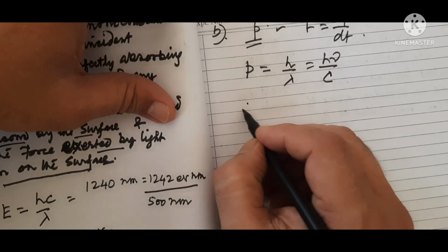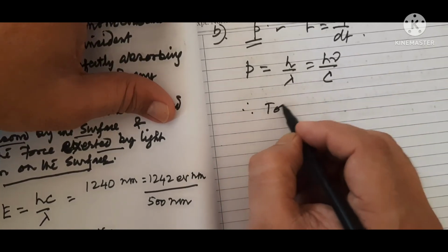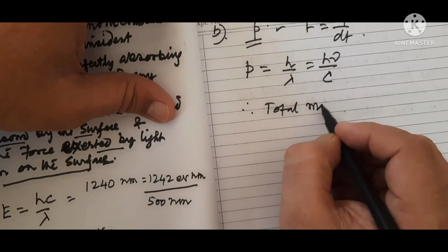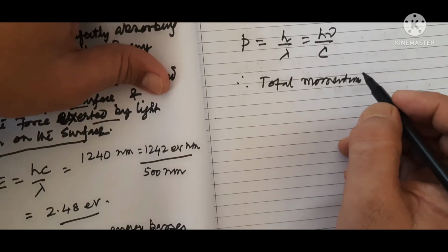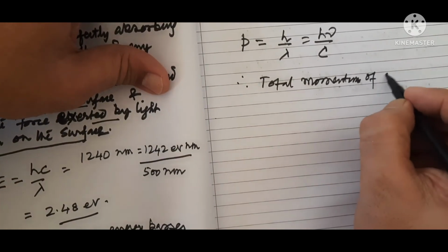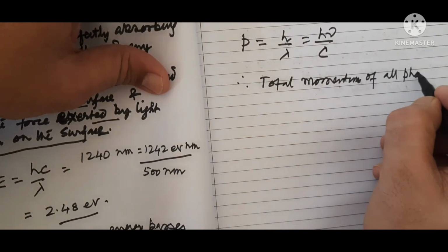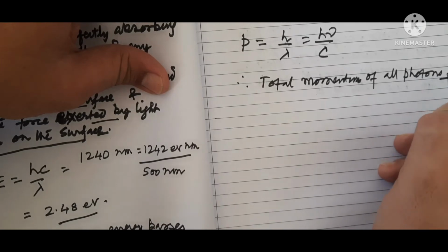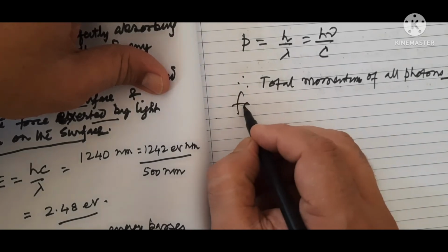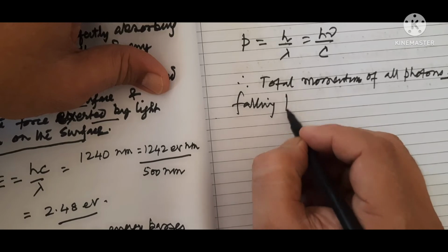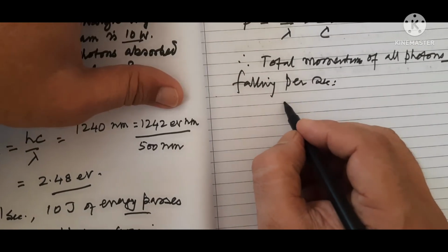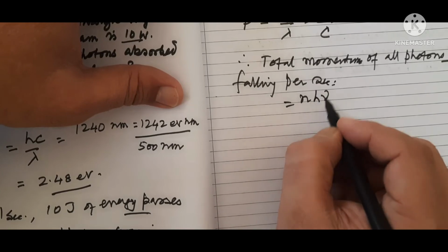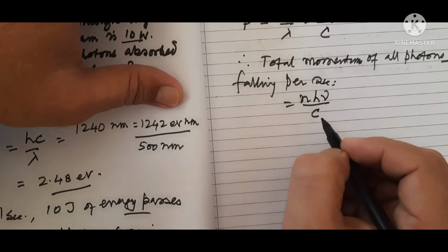Therefore, the total momentum of all photons, whatever number of photons there are, the total momentum falling per second on the surface is equal to n h nu by c.